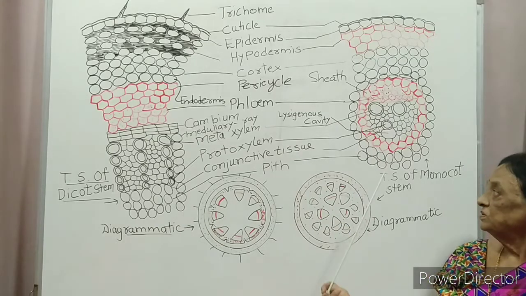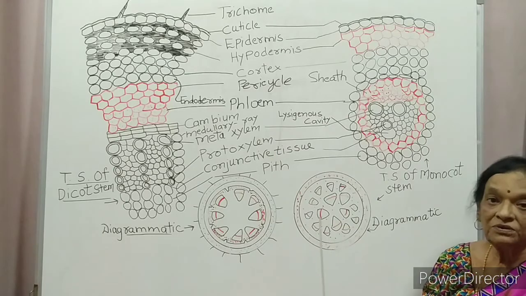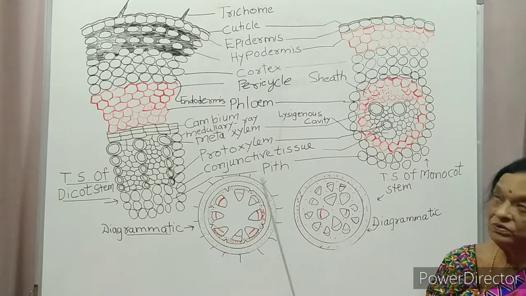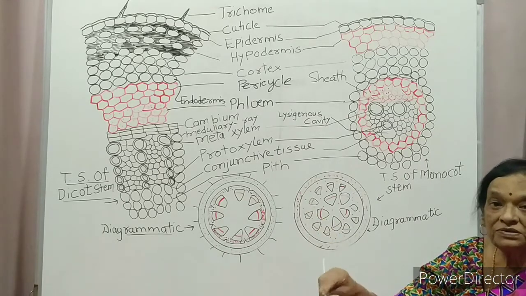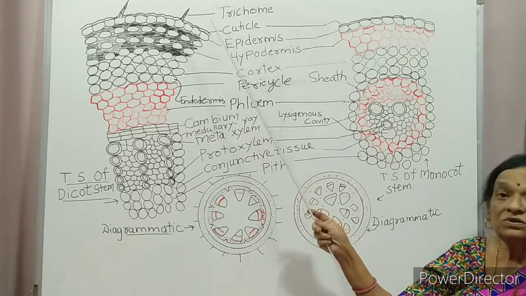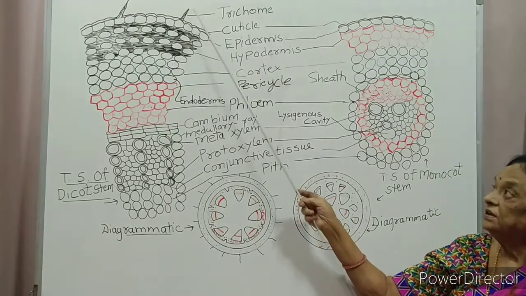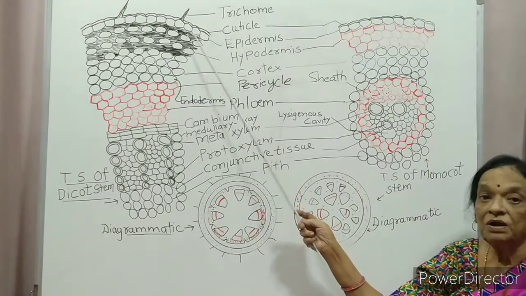Endarch protoxylem is endarch. What is the difference between the two? Whenever differences or similarities are asked, start with the topmost layer. The difference is that here trichomes are multicellular.